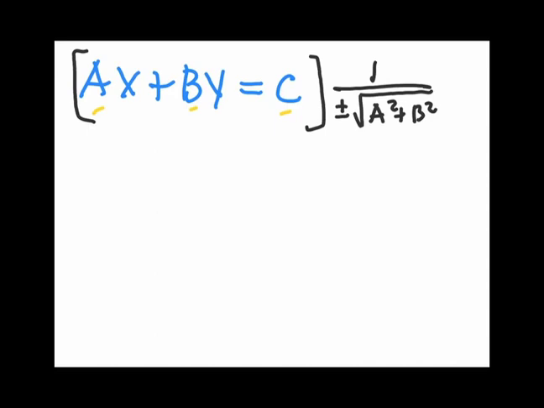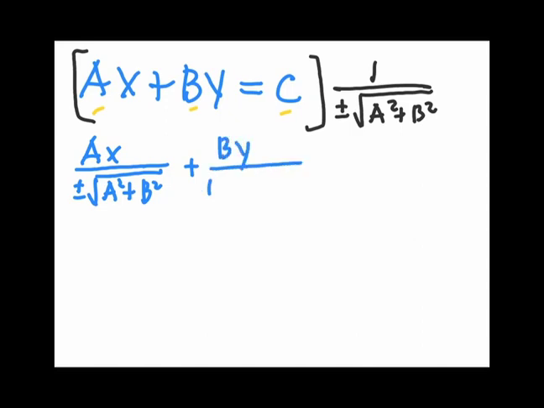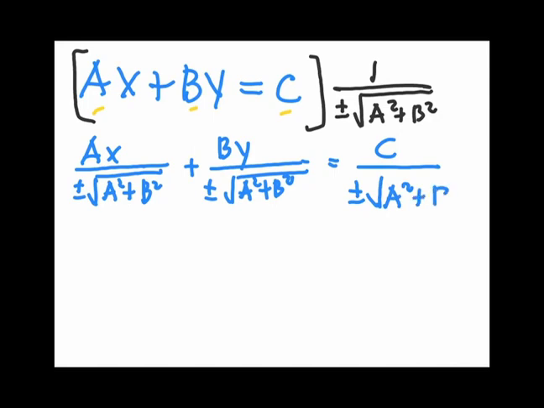we'll have ax all over this radical plus by all over the same radical is equal to c all over that radical, the positive and negative square root of the quantity a squared plus b squared.